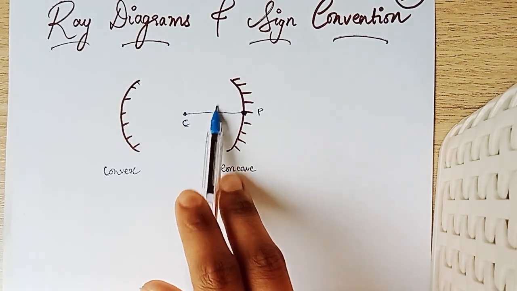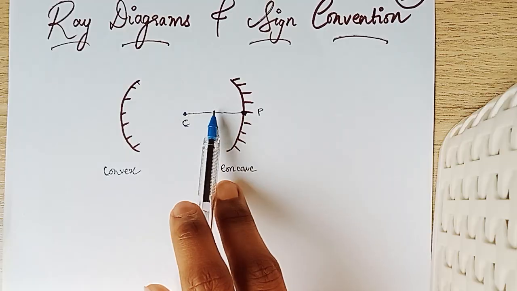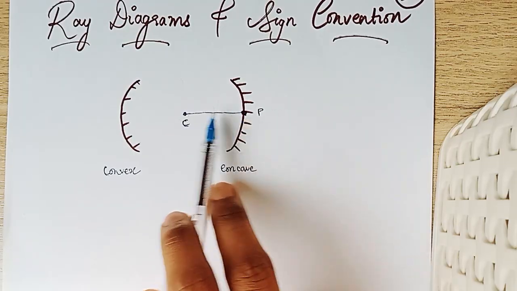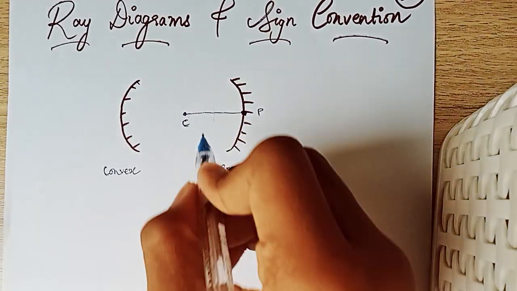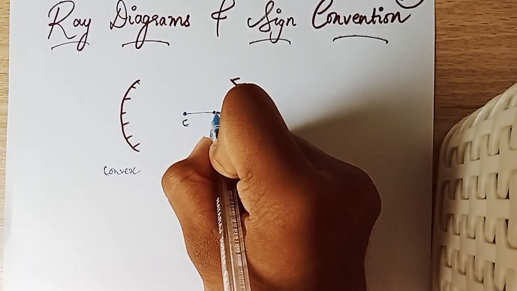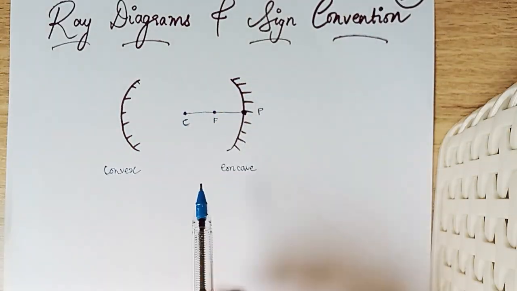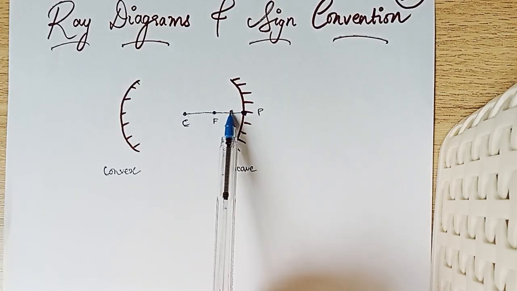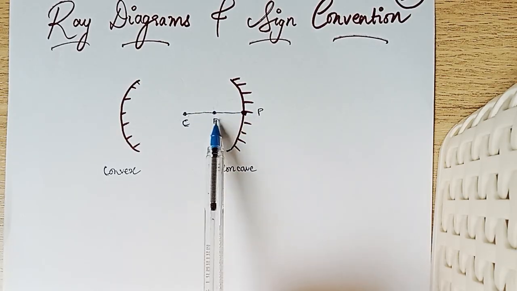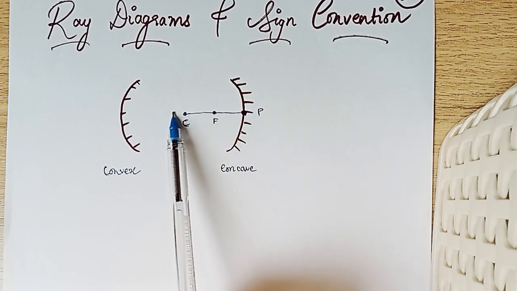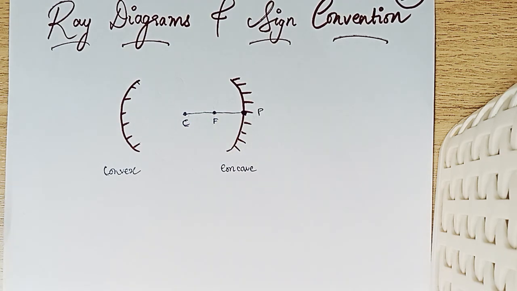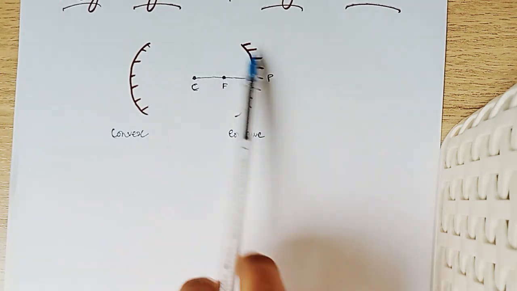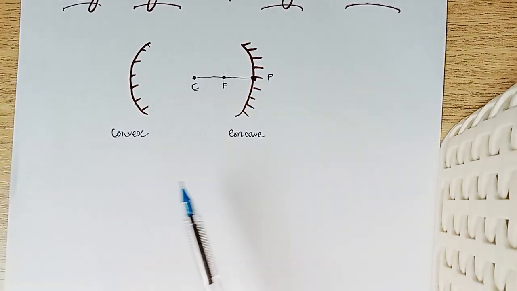The point in between the pole and the center of curvature, that is exactly half, is called the focal point or focus of the mirror. So there are mainly three parts: principal axis, focus or focal point, as well as center of curvature. Since that is clear, we'll move on to the image formation by a concave mirror.